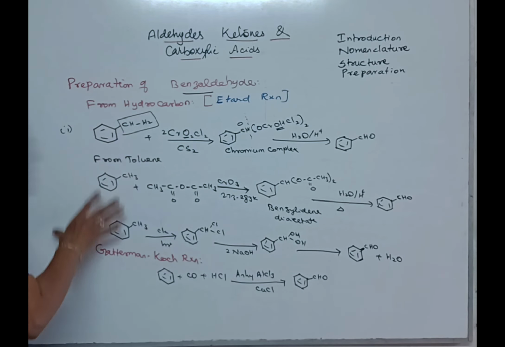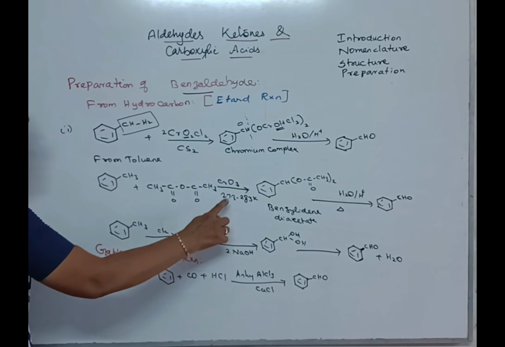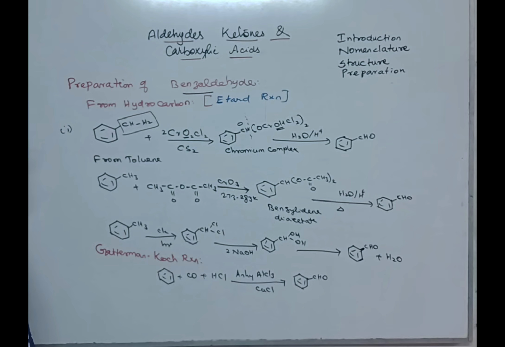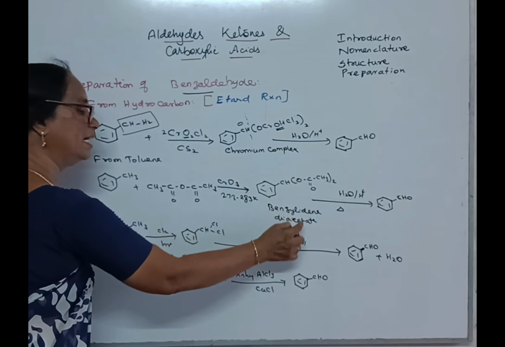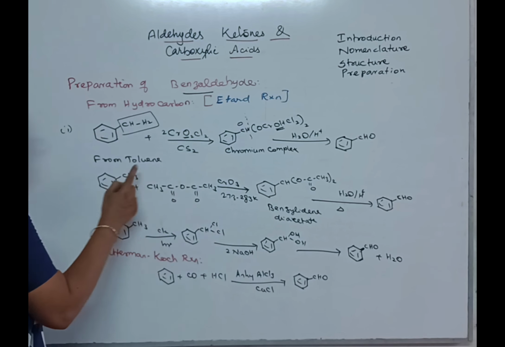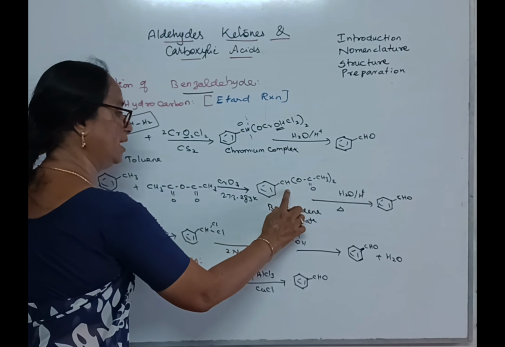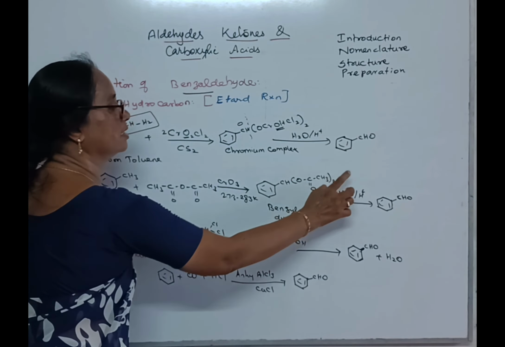The same toluene can be oxidized by chromic oxide, but in presence of acetic anhydride. At 273 to 283 Kelvin, it forms benzylidene diacetate. Once again, the 2 acetate groups get added with the 2 hydrogen atoms of CH3; you are taking CH(OCOCH3) twice.